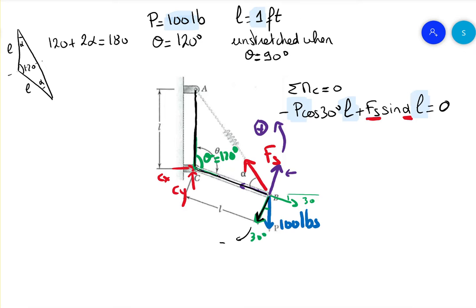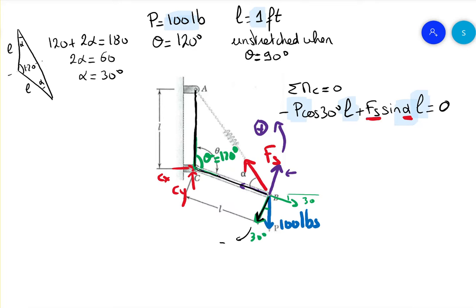This is the total of the triangle. So we got 2 alpha equal to 60 degrees. So alpha equals 30 degrees. Okay, that's awesome. Alpha now is a blue value. 30 plus 30 plus 120, that's our 180.